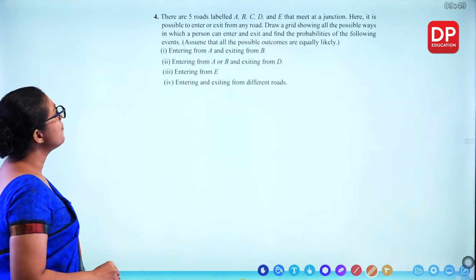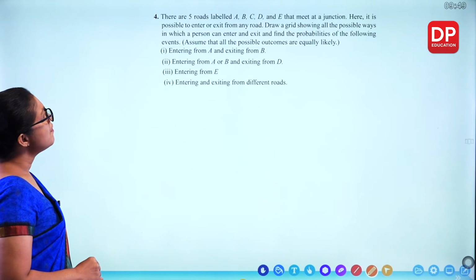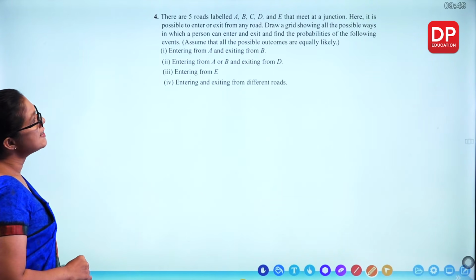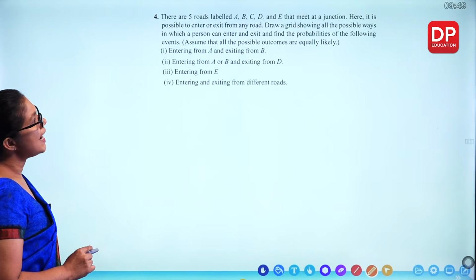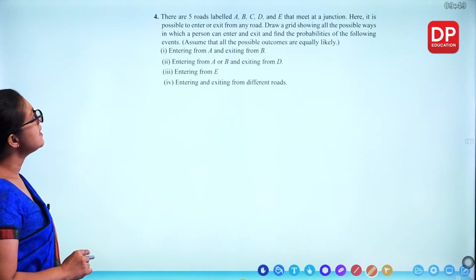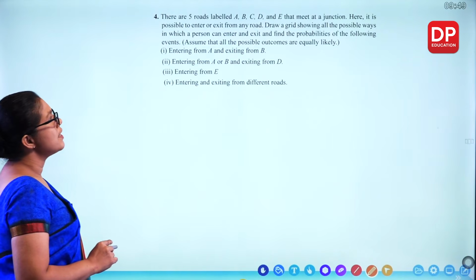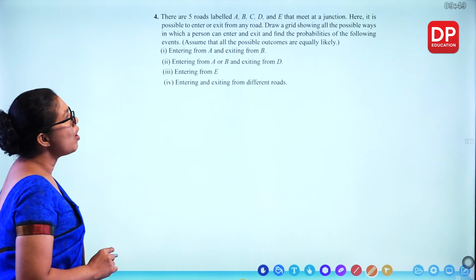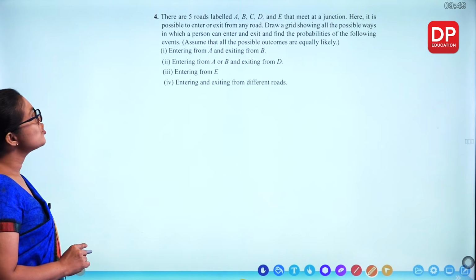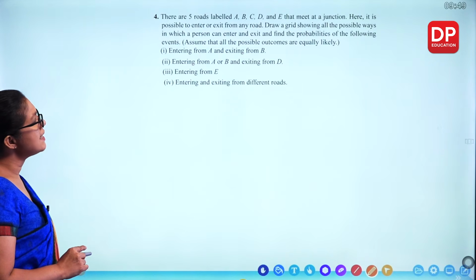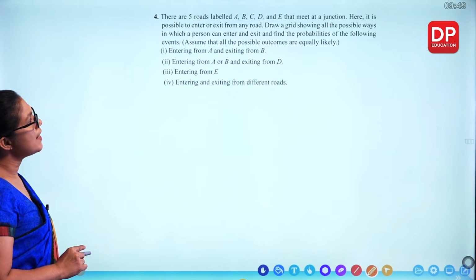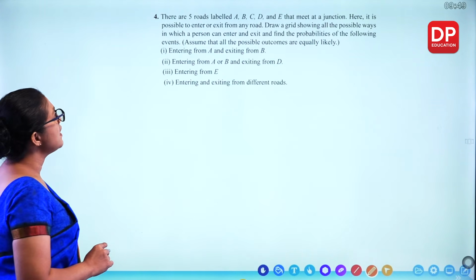Question number 4. There are 5 roads labeled A, B, C, D, E that meet at a junction. Here it is possible to enter or exit from any road. Draw a grid showing all possible ways in which a person can enter and exit and find the probabilities of the following events.